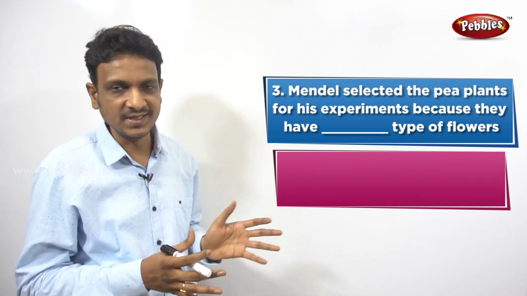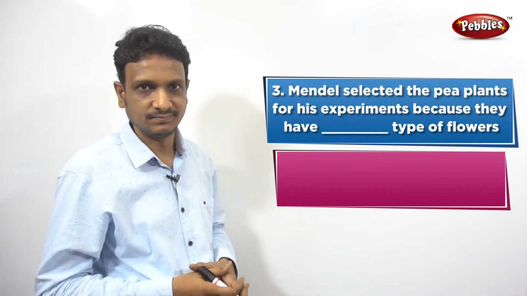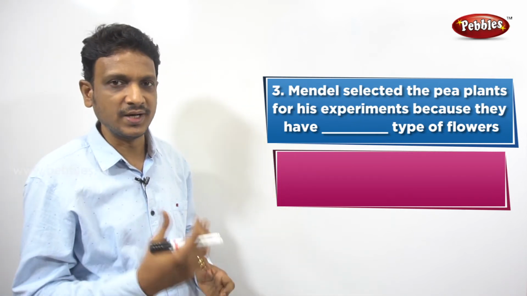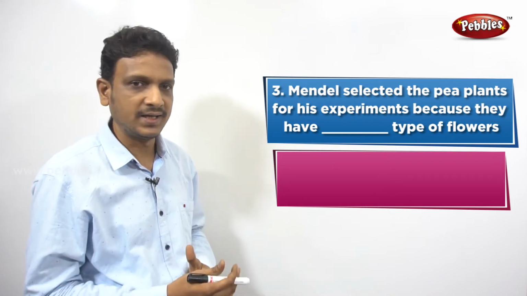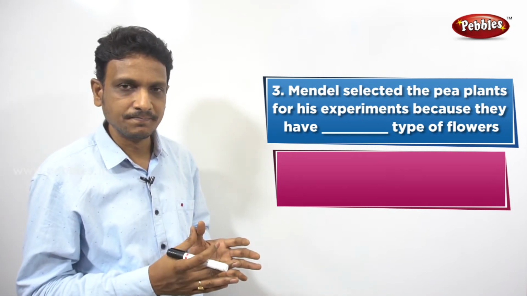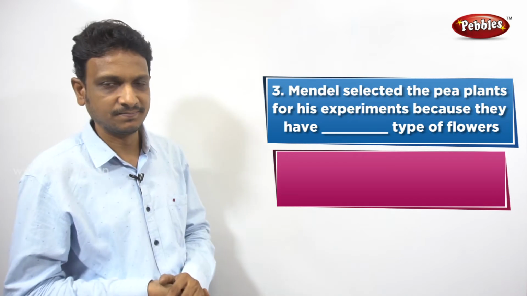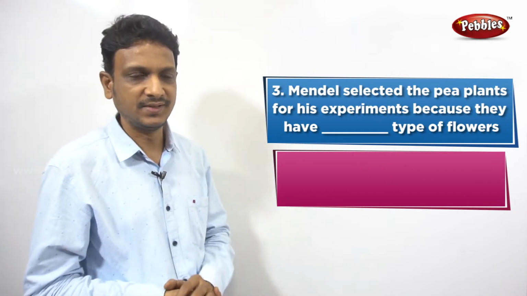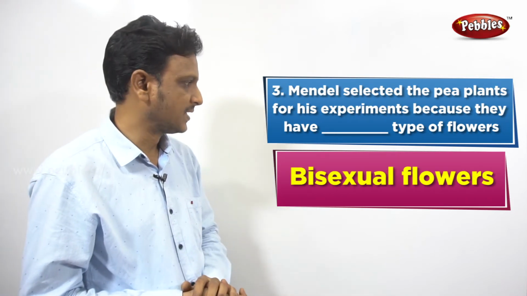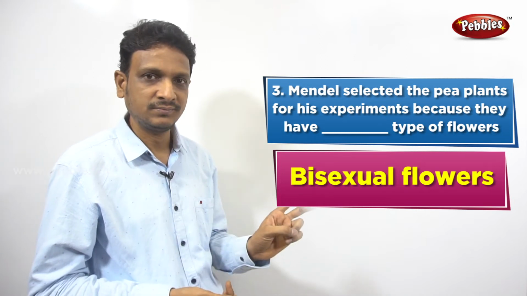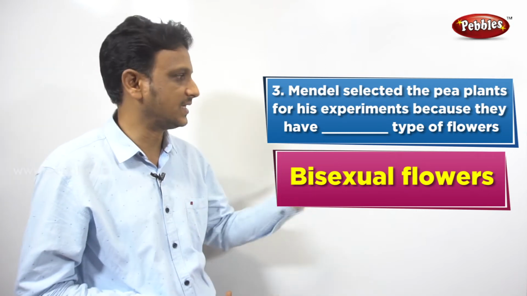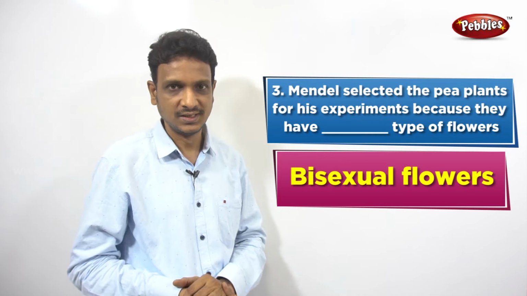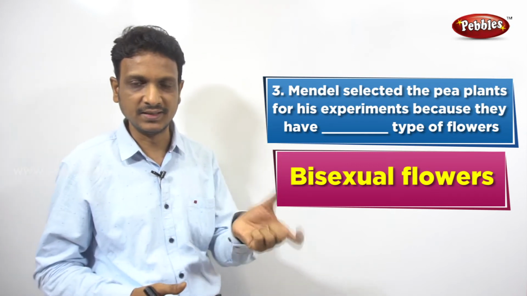So there are some reasons why he has taken pea plants. What are they? The first one is it has contrast characters, clear, distinguishable characters. Second thing is they have bisexual flowers. That is the answer here. Bisexual flowers: male and female reproductive parts are in the same flower.